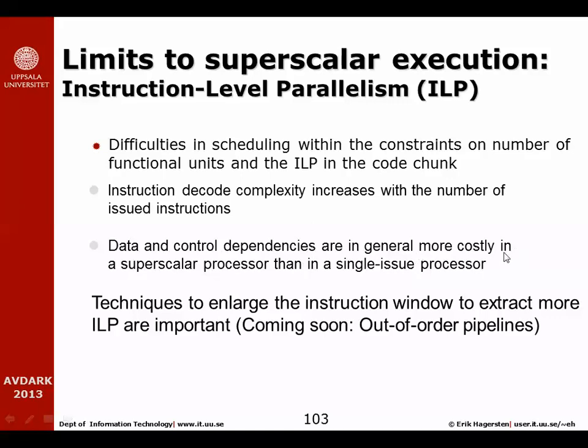So I already discussed the delay slot and how much ILP you have to find. And if you don't find the ILP, then the cost for that branch is going to be more than twice as high as the cost for a single issue pipeline. So we need lots of techniques to find ILP.